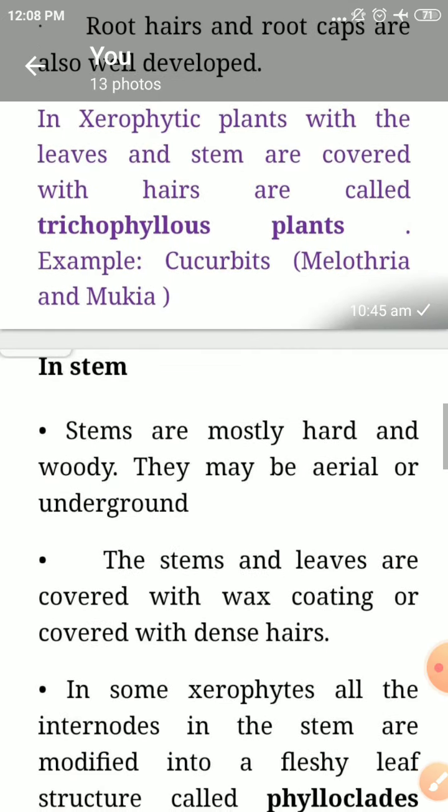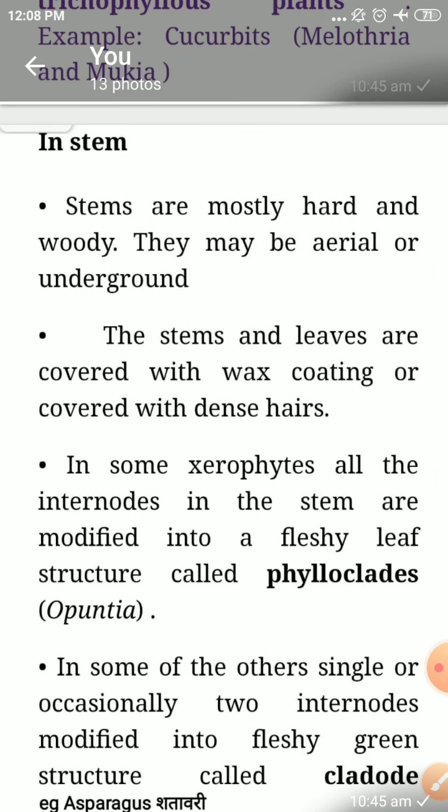Now, about the stem. In these plants, the stem is very hard and it is woody, spiny, rough, and very stout, stunted, aerial, or it may be underground. So these are the morphological adaptations in the stem.